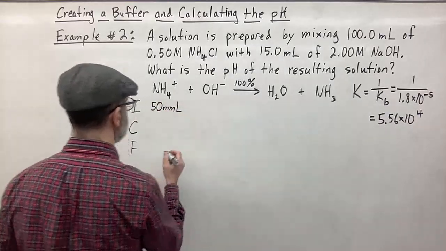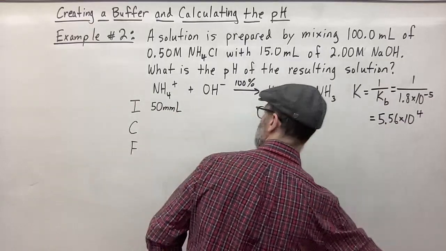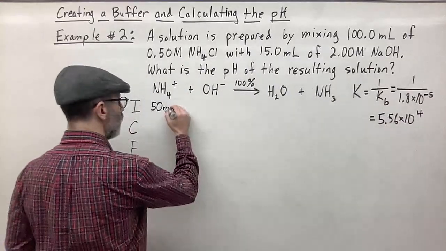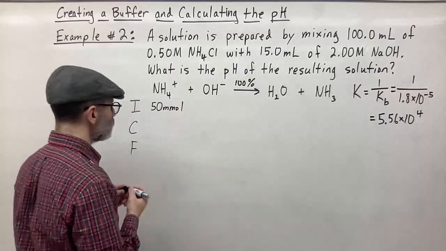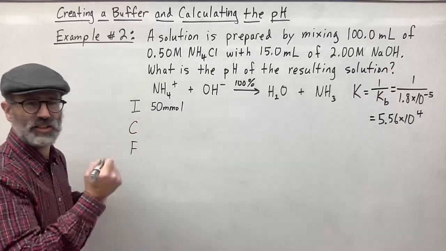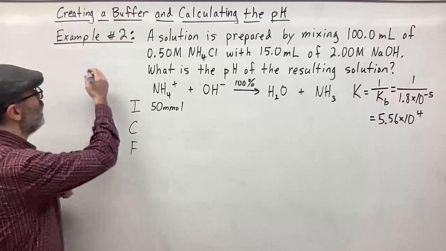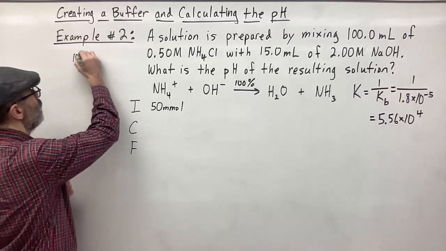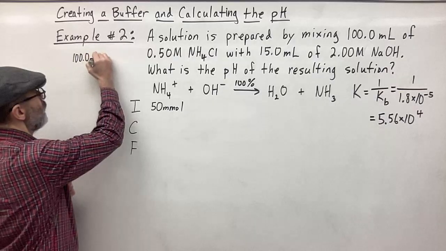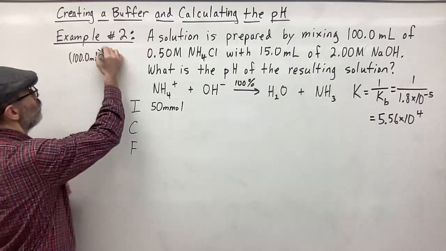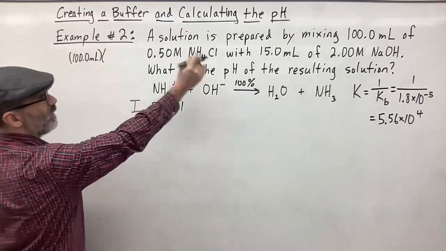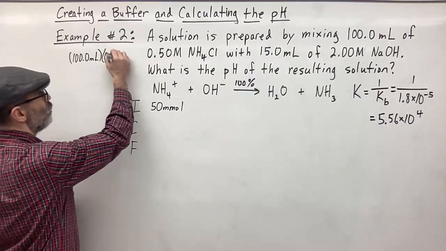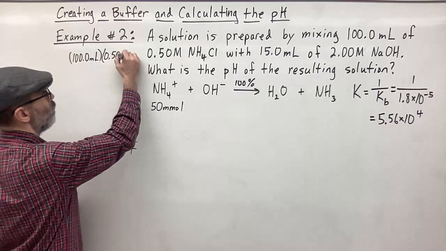That would be little m, mol. So let me go over the math really quick. Here you would take 100.0 milliliters, multiply that by the 0.50 molar.